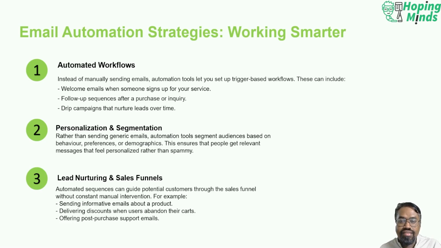Now, what does drip marketing or drip campaign signify? Drip marketing or drip campaign is a strategy that involves automatically sending out emails on a schedule or based on user actions, or we can say as per the segmentations, right?